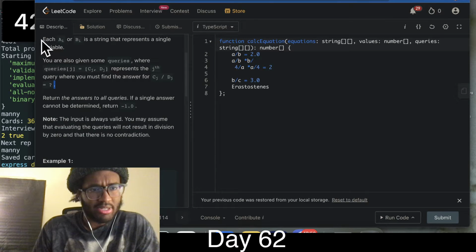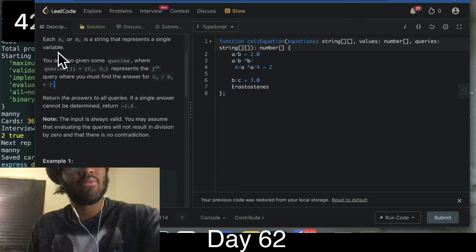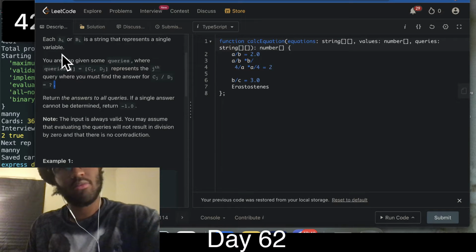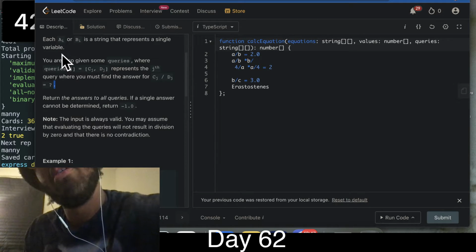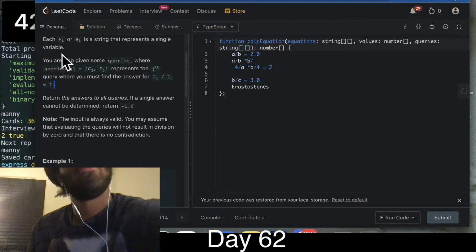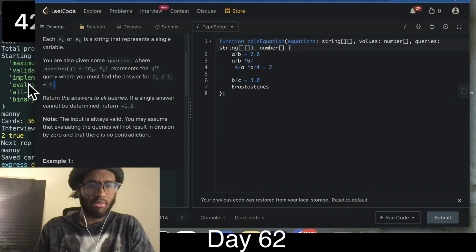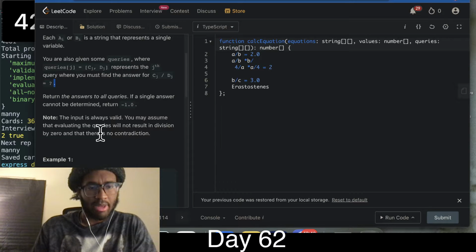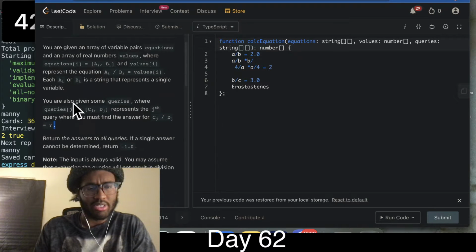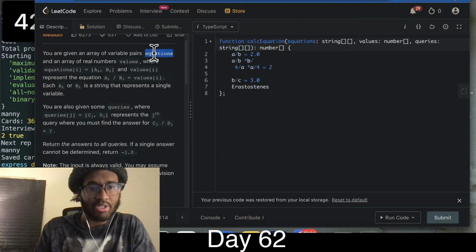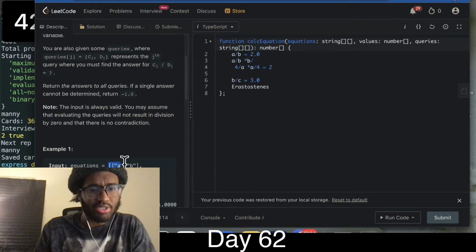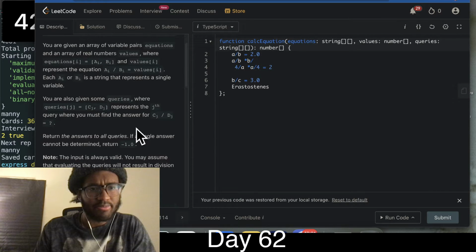So let's map the problem statement to our example. Given an array of variable pairs, equations, so we have equations a, b, b, c.